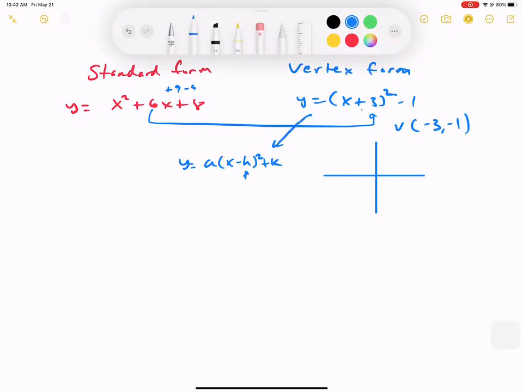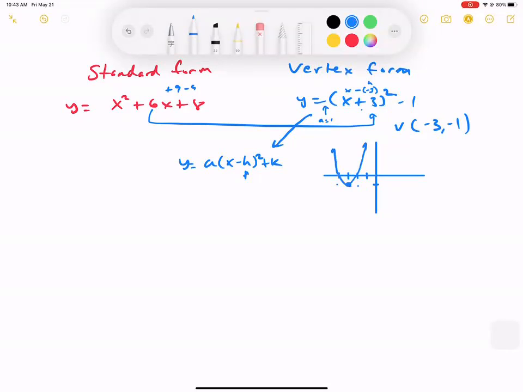So since it's positive, it's actually negative 3. That's what's really going on inside. X plus 3 is x minus negative 3. So our h is negative 3, and I can say that my vertex is 3 to the left and 1 down. That's a point. And then the parabola, since our a value is 1 here, is 1 space over, 1 space up, 1 space over, 1 space up, and we can draw a parabola in a matter of seconds.